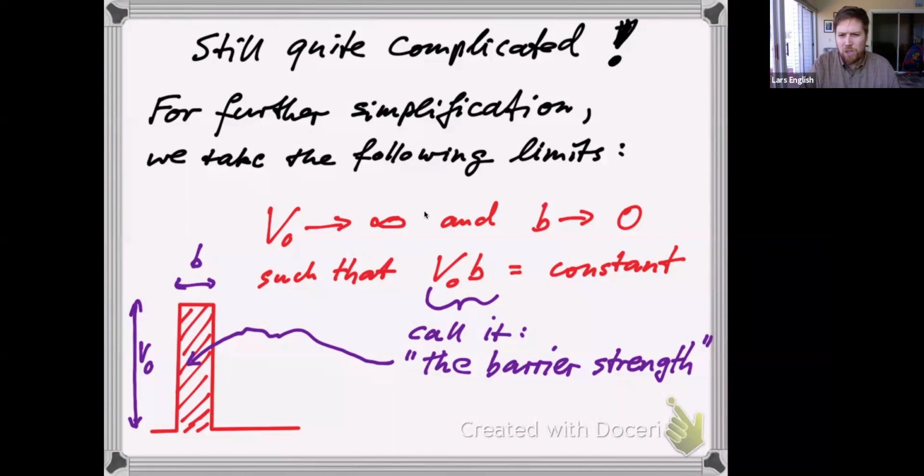And when we do this kind of limit, we can sort of say, well, we haven't really changed the barrier strength. In one sense, the problem hasn't really changed that much. The math gets simpler, but the problem hasn't changed. And so that's sort of a physicist's maybe justification for the limit. We're not messing up the problem too much here by doing this, but we're making the math simpler.